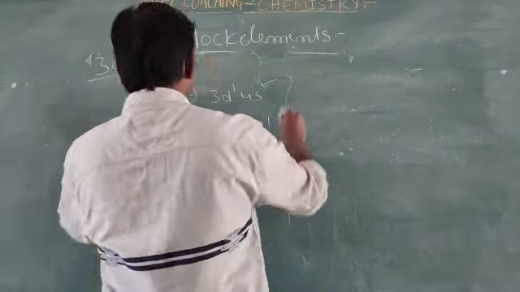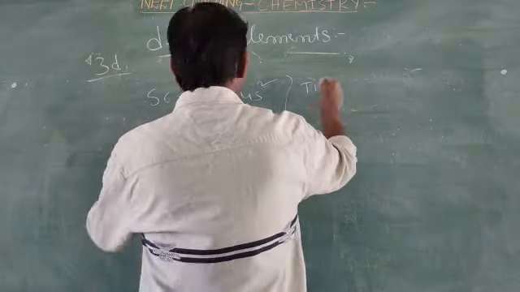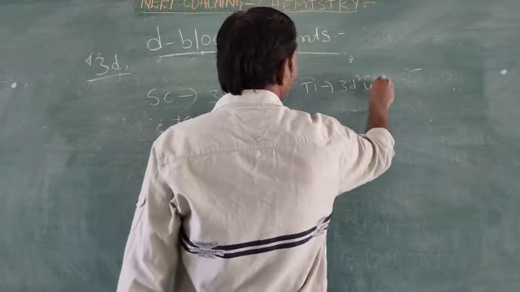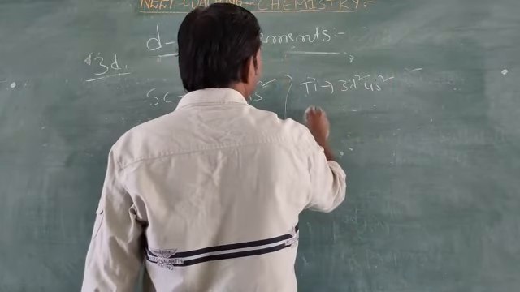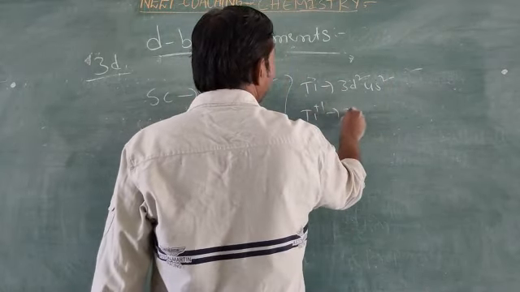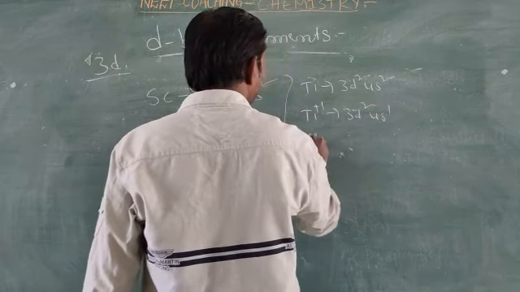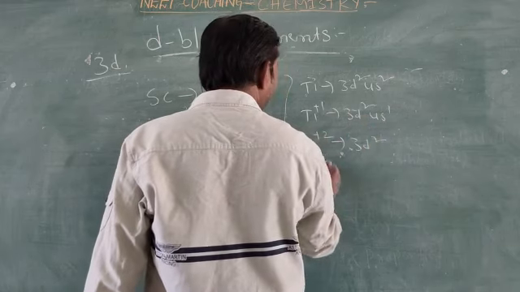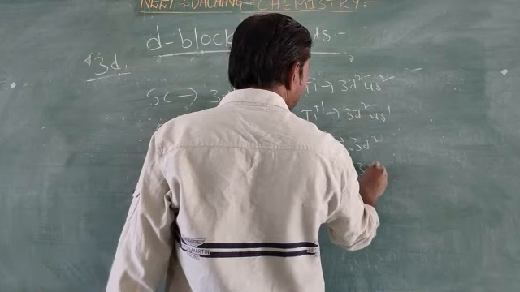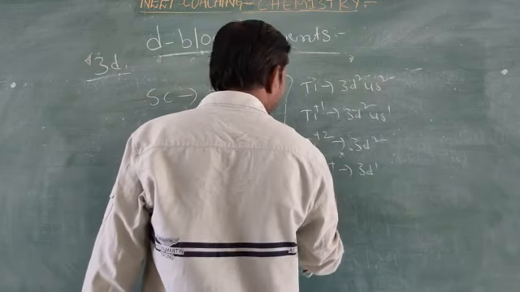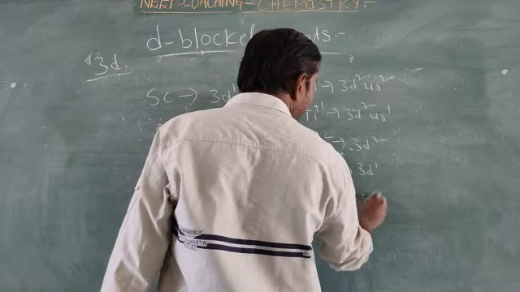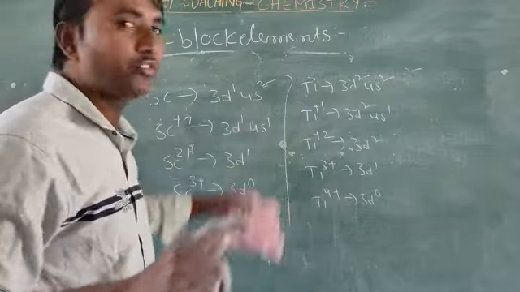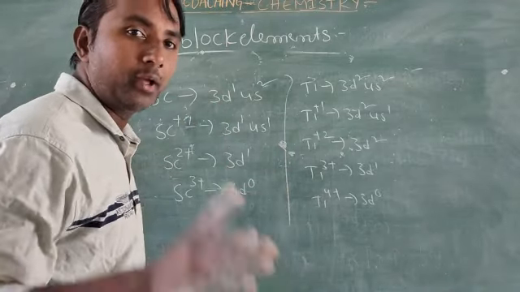Like titanium 3d2 4s2. Titanium plus 1, 3d2 4s1. Titanium plus 2, 3d2. Titanium plus 3, 3d1. Titanium 4 plus, 3d0. The first electrons are eliminated from the 4s shell, after that electrons are eliminated from the 3d shell.